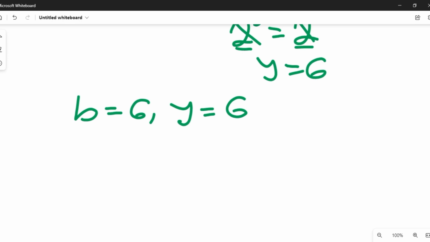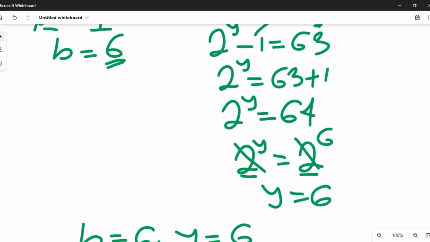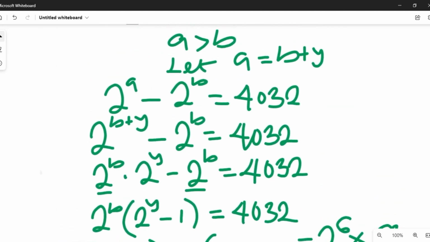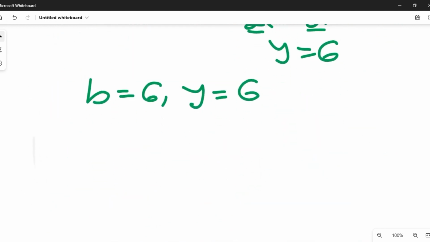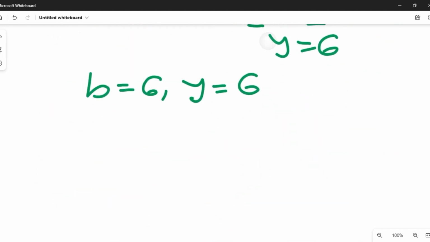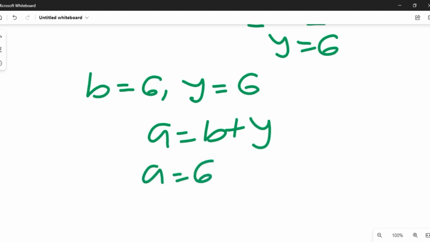Now recall that we said earlier on that we allowed our a to be equal to b plus y, and we are looking for the value of a likewise. So if a is equal to b plus y, we'll have our a to be equal to 6 plus 6, and then our a will be equal to 12.